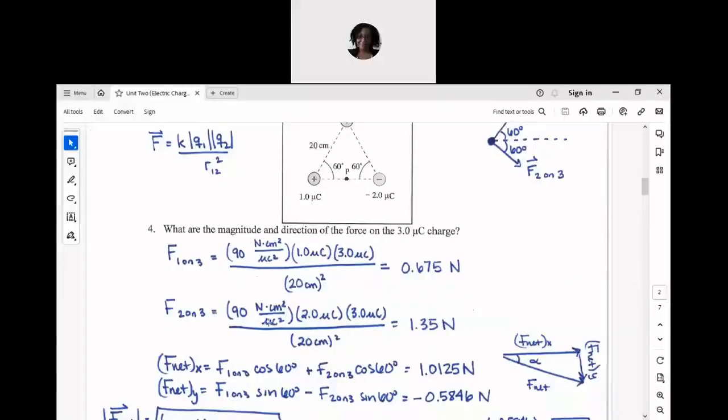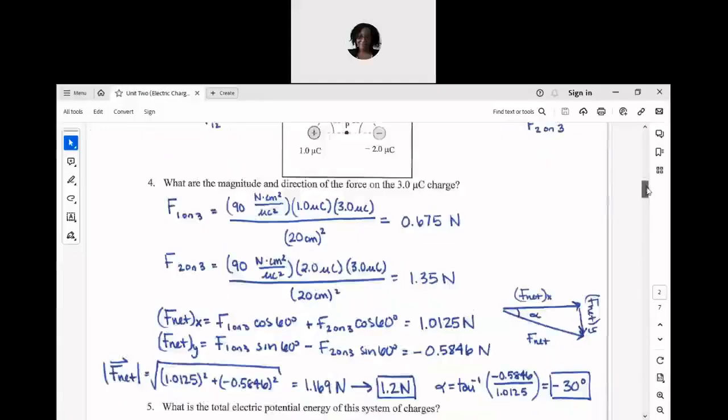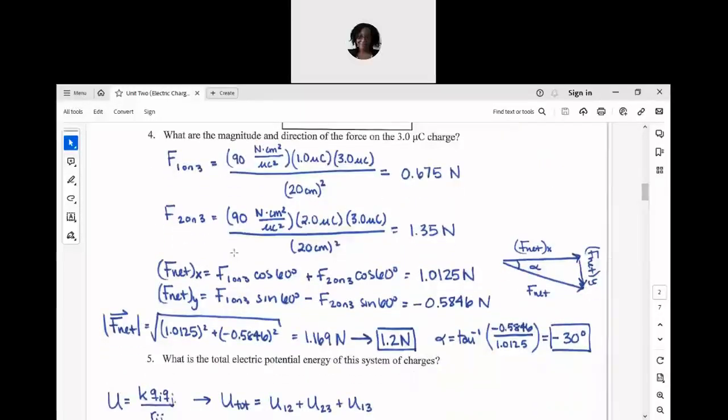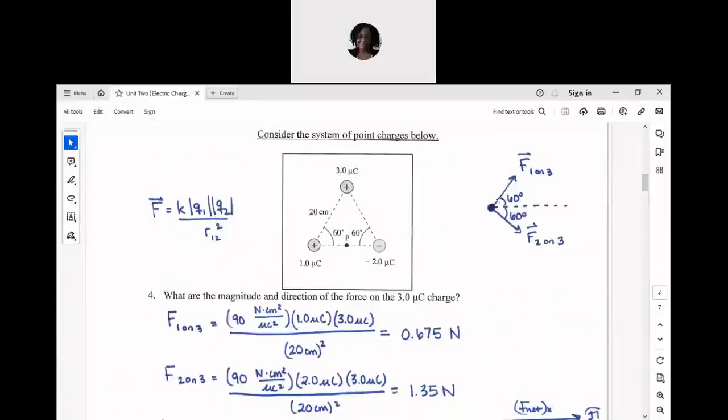So I have the 2 force values coming from 1 on 3 and then 2 on 3. I can split that up using the 60-degree interior angle that's acting on the 3 microcoulomb charge. The dotted lines that make up the sides of the equilateral triangle are also going to give me information about the orientation of these force vectors.